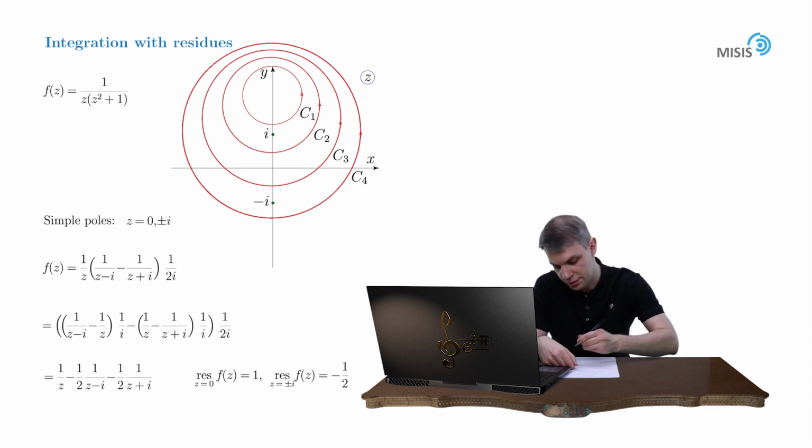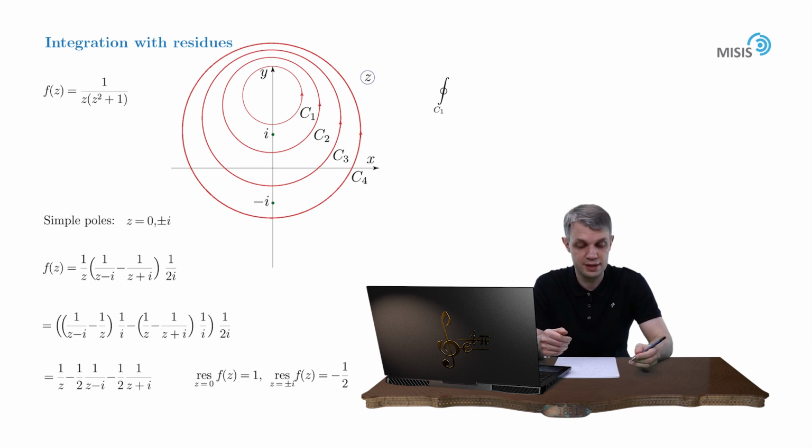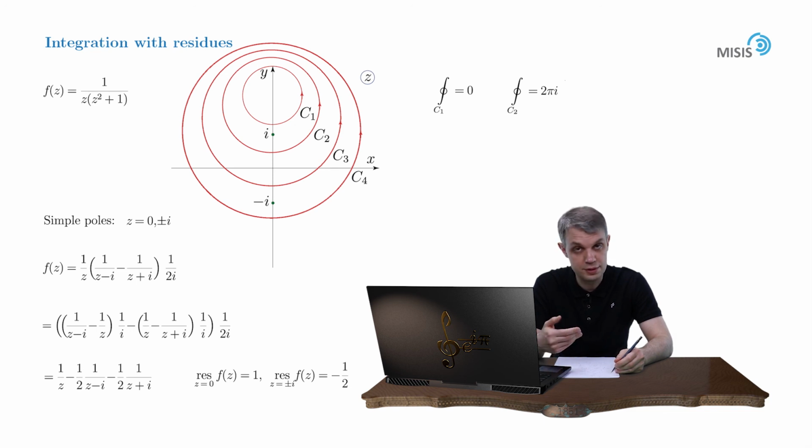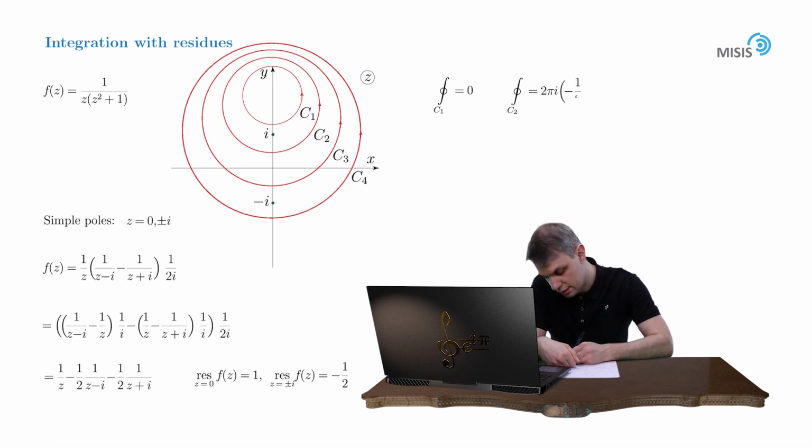The integral over contour C1: there are no poles inside this contour, so there are no residues, and the integral is equal to 0. The integral over contour C2 is equal to 2 pi i times the residue of our function. There is only one pole inside this contour, the pole at point i, and the residue is equal to minus 1/2, so the integral is equal to minus pi i.